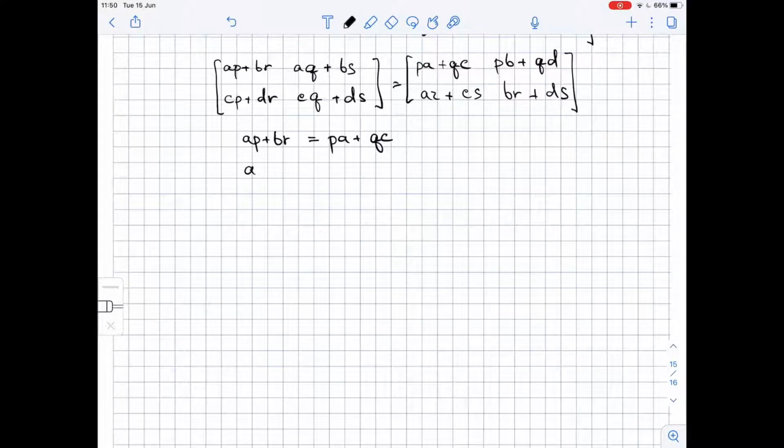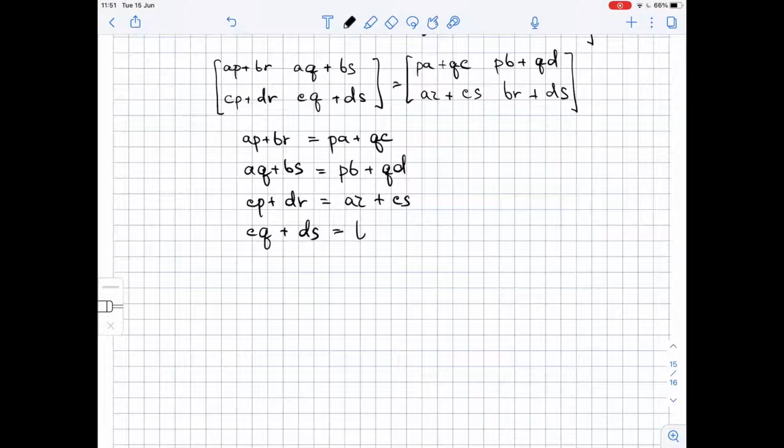Then aq plus bs equals pb plus qd. Then cp plus dr equals ar plus cs, and cq plus ds equals br plus ds. Okay, so we have a system of equations.